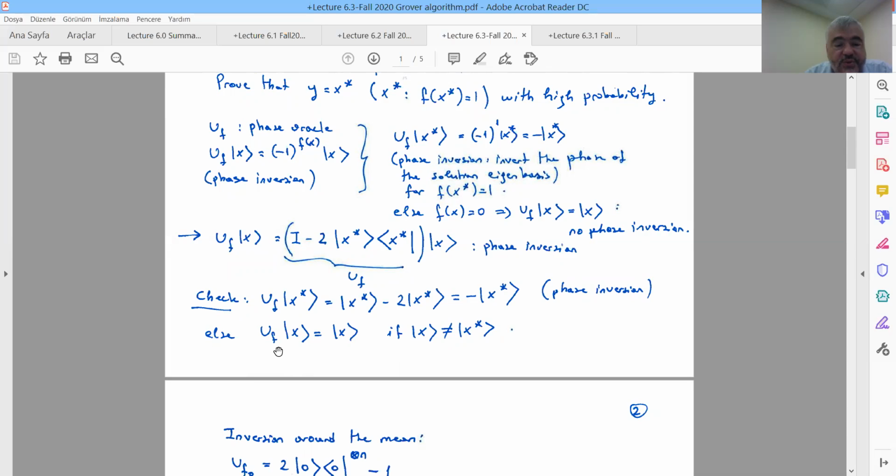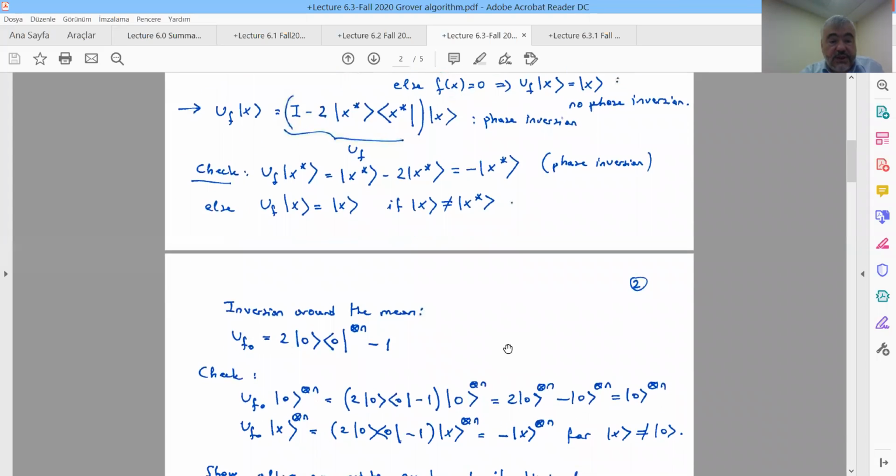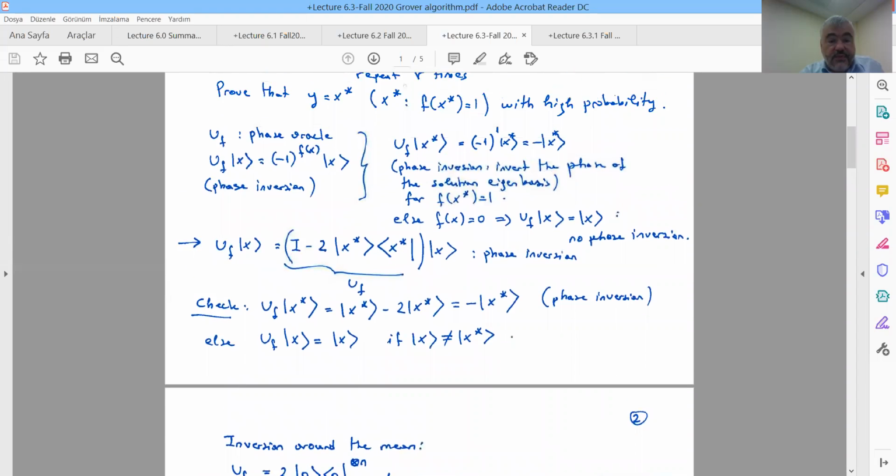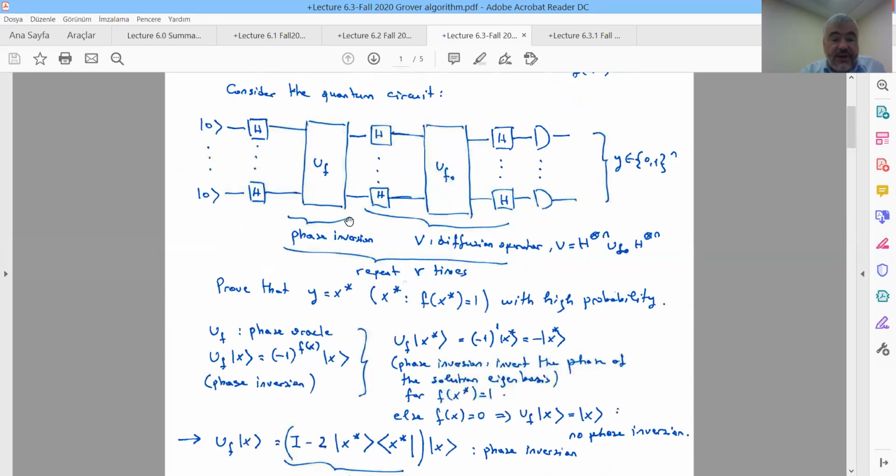So you would obtain U sub f operating on ket x equals ket x for all the ket x that is different from ket x star. This is the phase inversion part. This is what U sub f does.